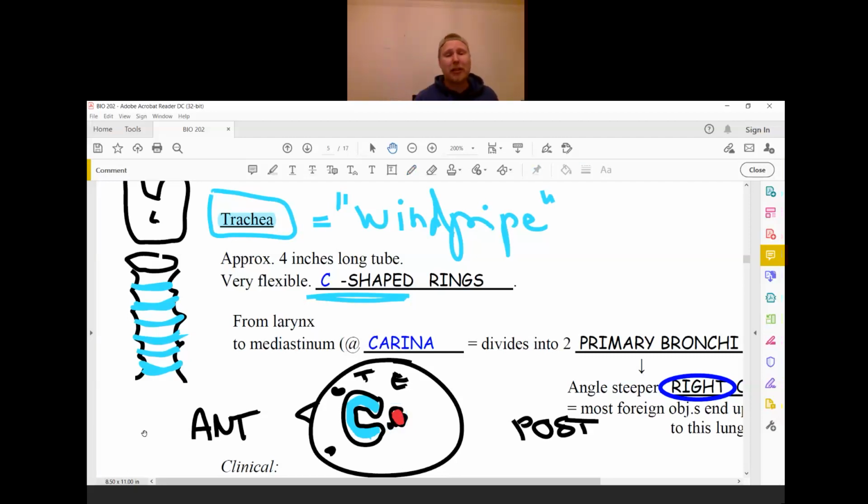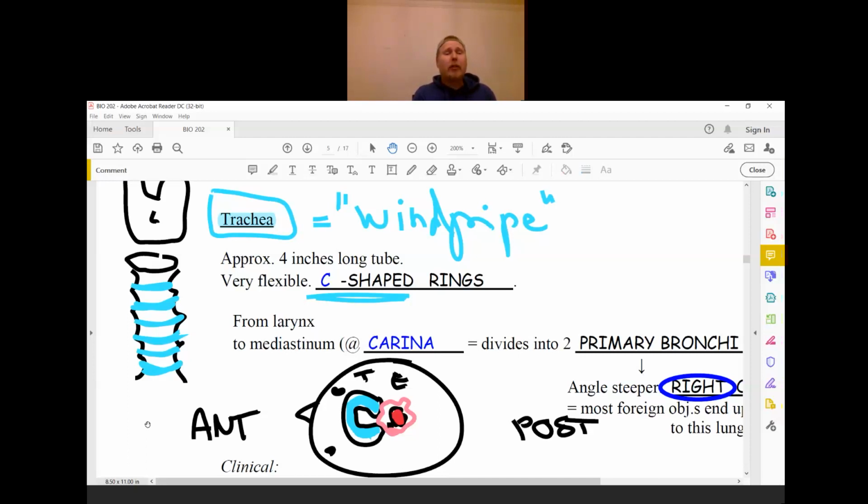It's located posterior to the trachea. But you might wonder, why is there an opening at the back of the trachea then? Sometimes you might swallow food that's extremely large and we need to have space for the oesophagus to open up. So that would be the purpose of this opening at the back of the trachea so that it can extend there as needed for a larger piece to pass down.